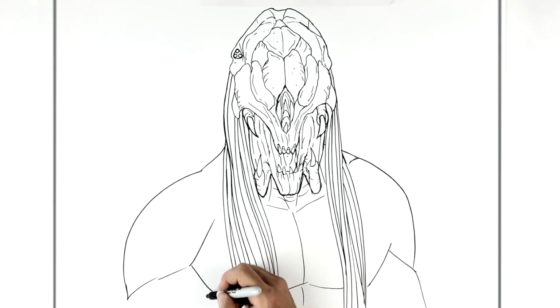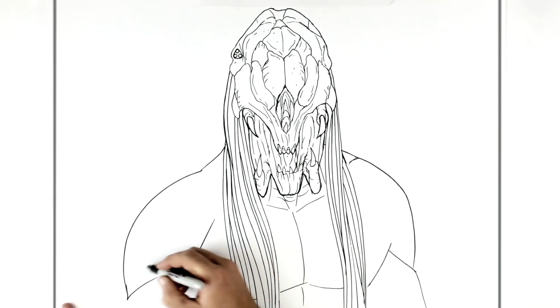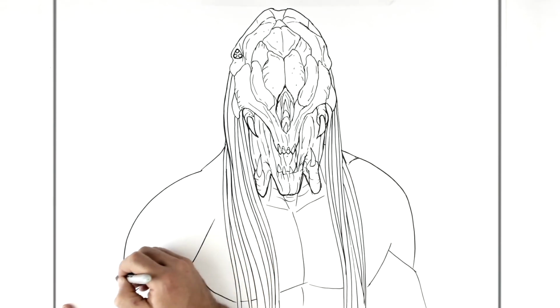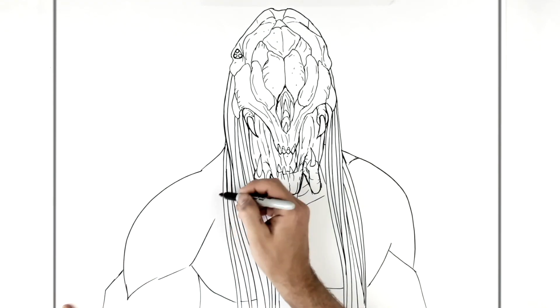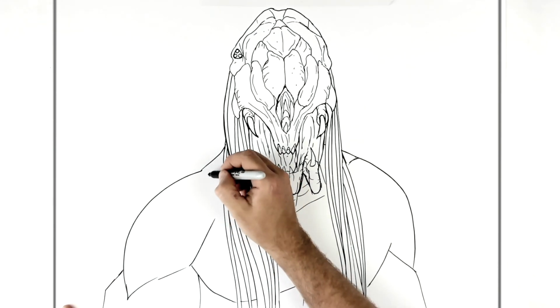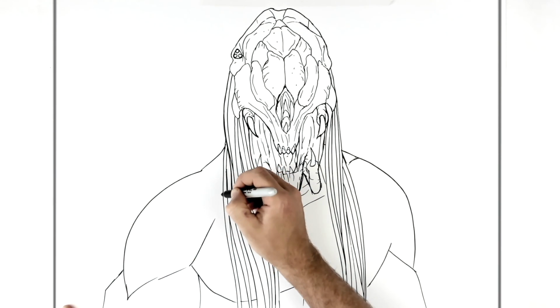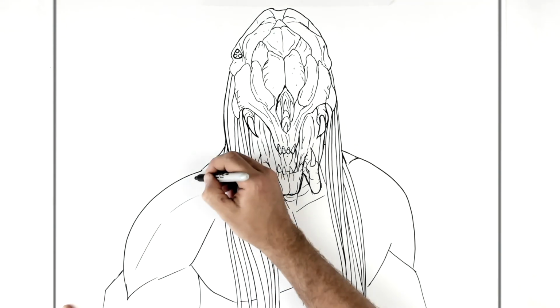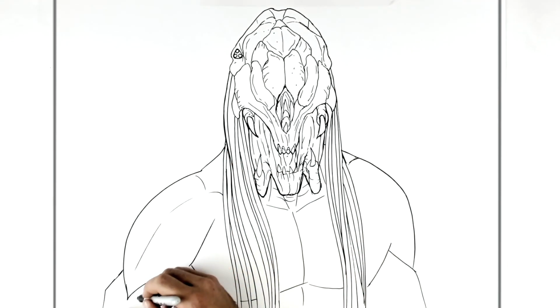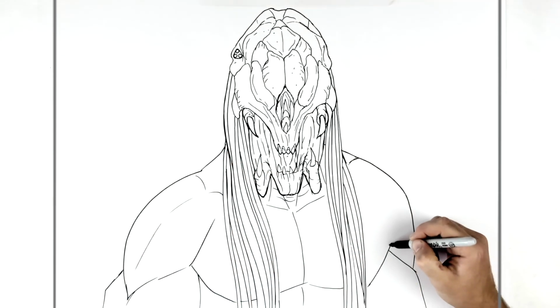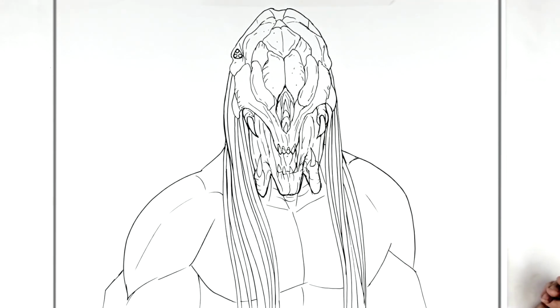Okay, and that means bicep there, tricep roughly here. And we can add maybe just some deltoid muscles and stuff there. And his chest is there.